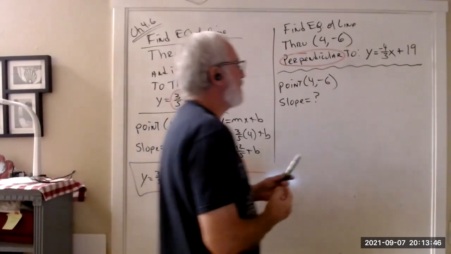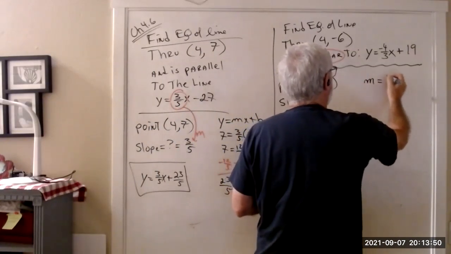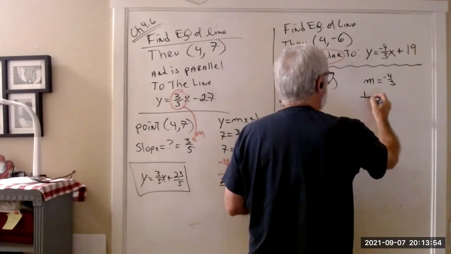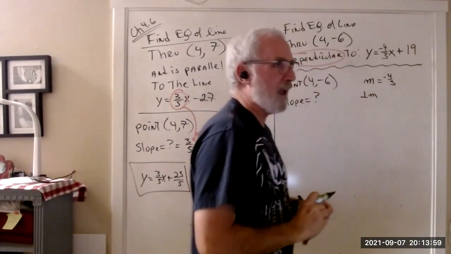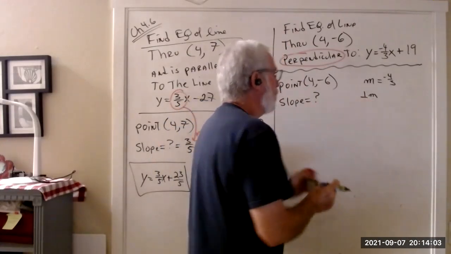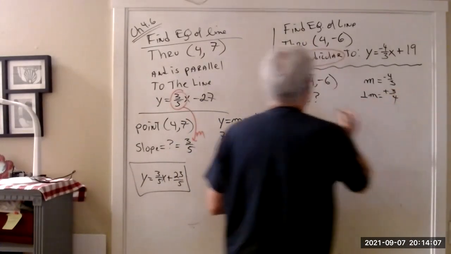So you'll see people write something like this: m equals negative 4/3, and an upside down T is our math symbol. You don't have to use it. Don't panic.